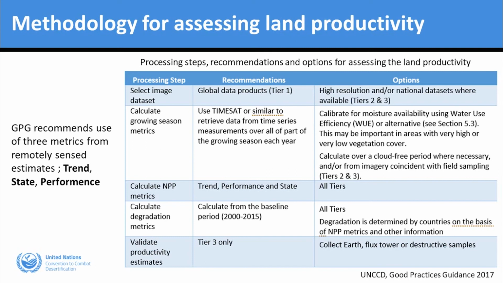As you can see in this table, the guidance recommends using three metrics from remotely sensed estimates: trend, state, and performance. You can see the possible processing steps for how you can provide this data using national information or alternative global data products.